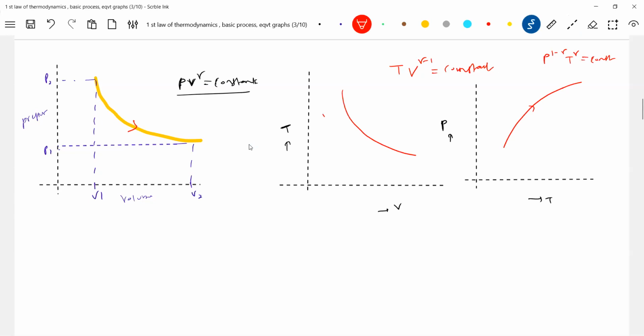So how can we check it here? Simplest thing, dP by dV is equal to minus gamma P by V, the slope. Similarly, dT by dV, you have to differentiate it. Let me write directly. Differentiating this.